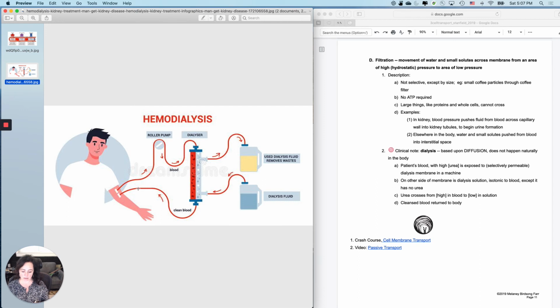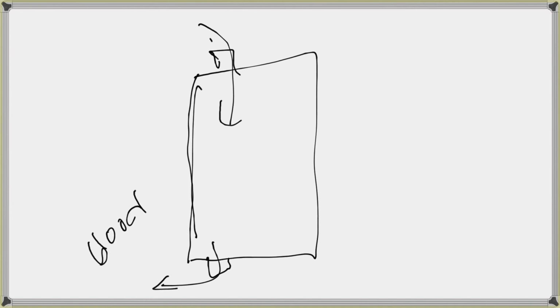Inside the dialysis machine, there is this dialysis chamber. It's not just hanging out by itself. What I'm going to do is put blood in one side and out the other to give it back to the person because it's valuable.